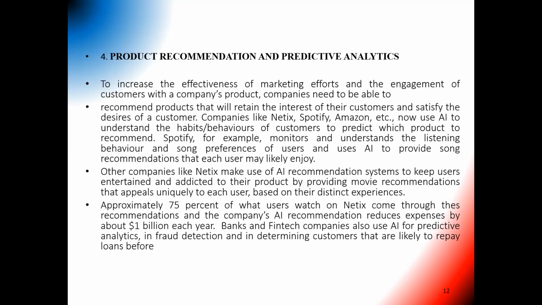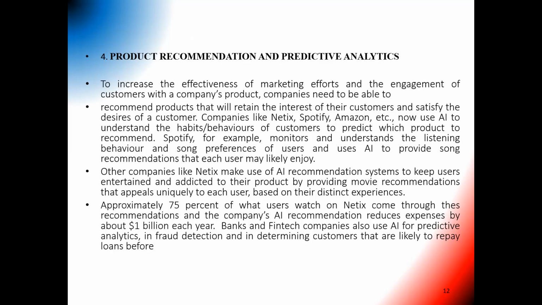In other words, we're saying it's being guided by data, previous data. So this previous data is one that we now use to suggest to you based on your experiences. And approximately 75% of what users watch on Netflix come through these recommendations, and the company's AI recommendation reduces expenses by about 1 billion each year.